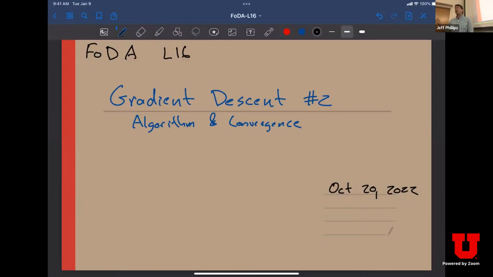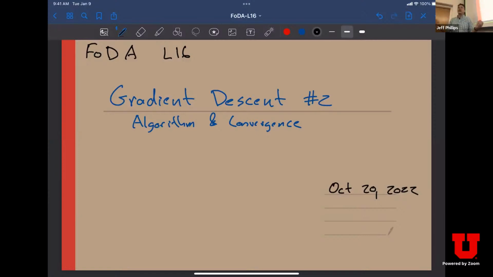gradient descent, unlike a discrete algorithm. Sorting, right? If you sort a discrete list, it's going to give you the precise output at the end. Gradient descent is not going to work like that.